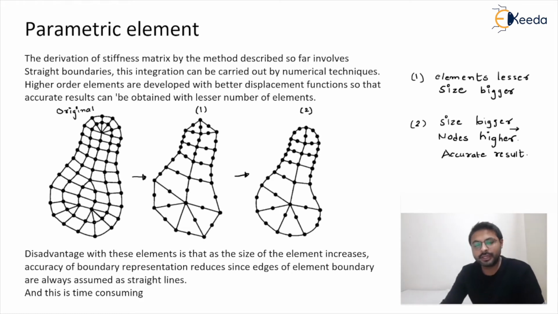For real life applications where the geometry has some curvature, if we use simpler elements, we will not get an accurate answer. To overcome this problem, instead of simple elements we go for higher parametric elements. We can get a better functional representation by choosing the parametric element.